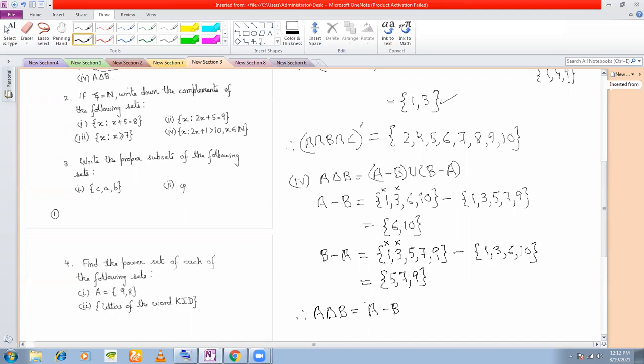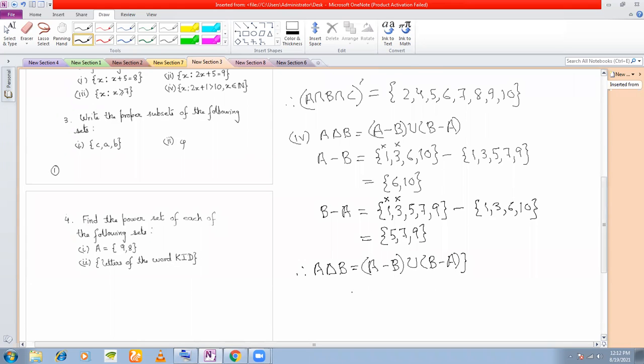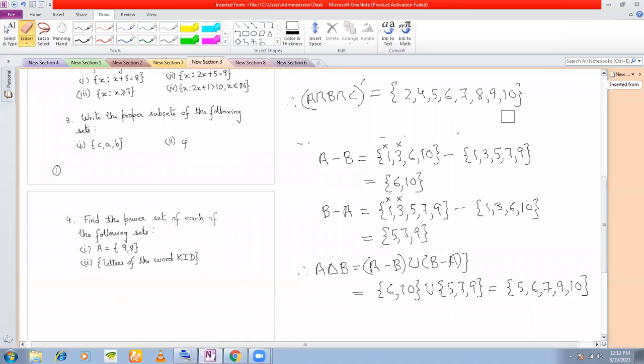A minus B union B minus A, which is the union of these two sets. That means you have 5, 6, 7, 9, 10. Clear? Any question? Can move on to the next problem then.